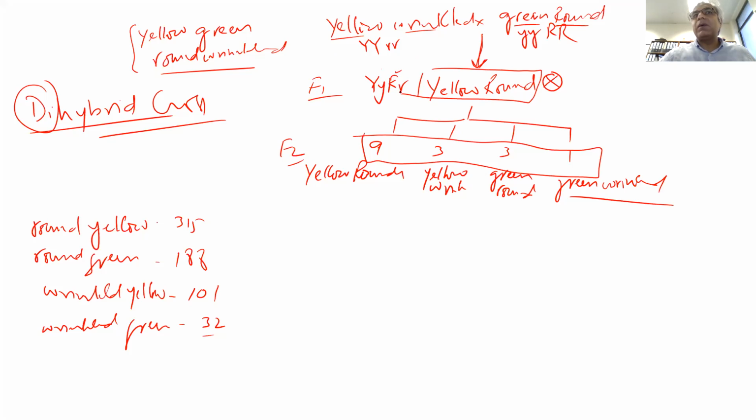The round is dominating the recessive allele, the yellow allele is dominating the green allele. When you set up self-crossing, the question he asked was whether there is any preference that yellow will be passed on together with just this one, or this one with this one.